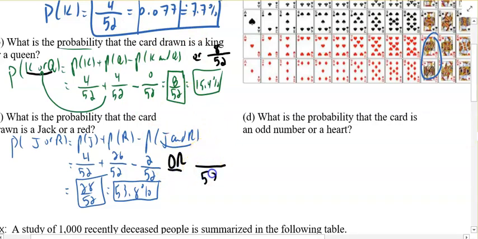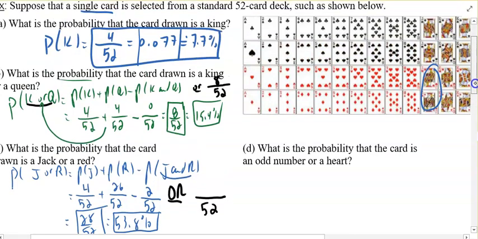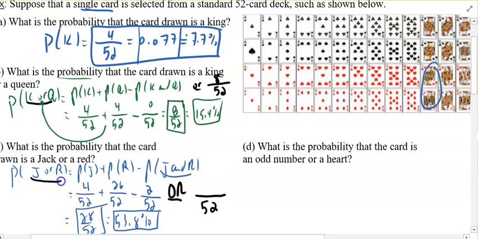I have 52 cards. I want a jack or red. I do the counting myself, jack or red.